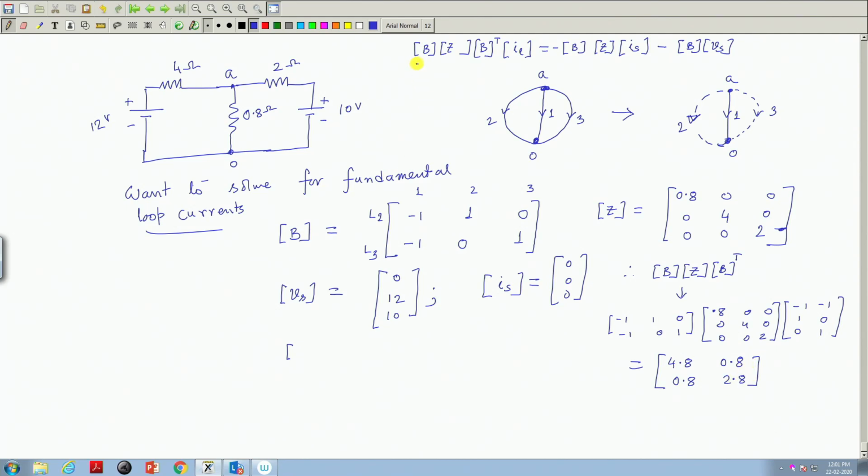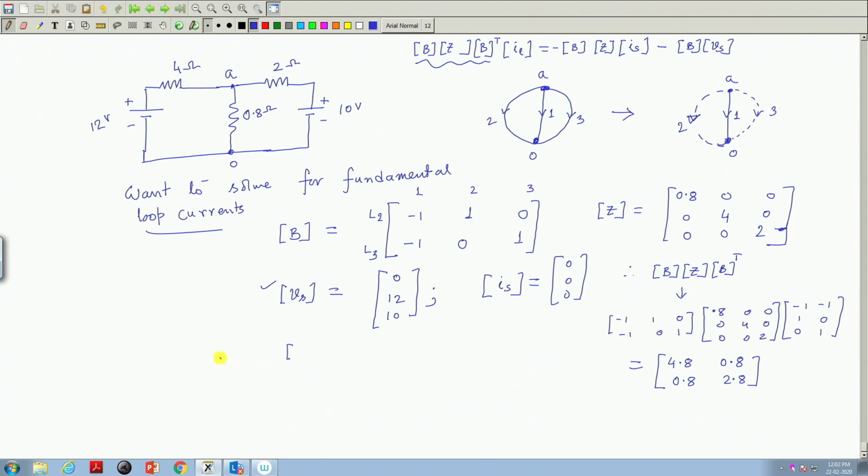This will be this calculation. Clear? Then I will say that I L will be equal to B Z, you have to calculate, and B into V S you have to calculate. V S is known and I S is also known. The I S term will in fact not be there, this will become 0 in this particular case.